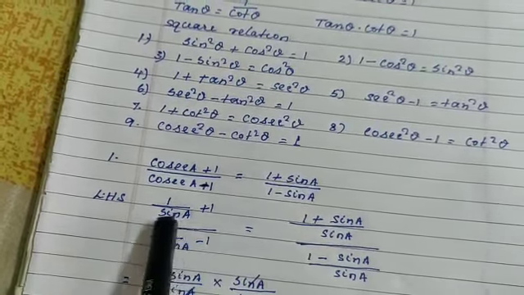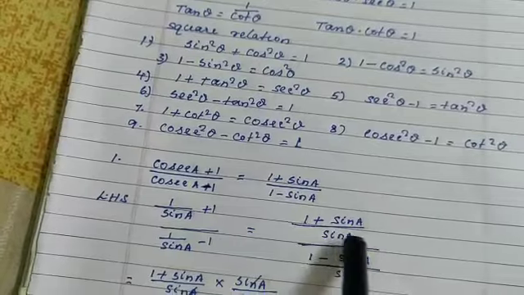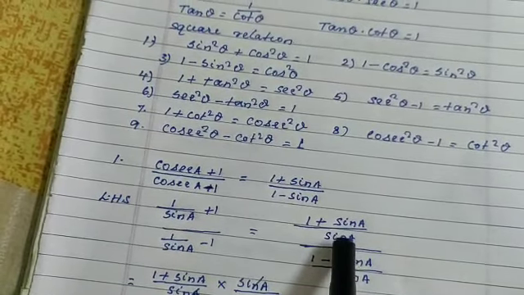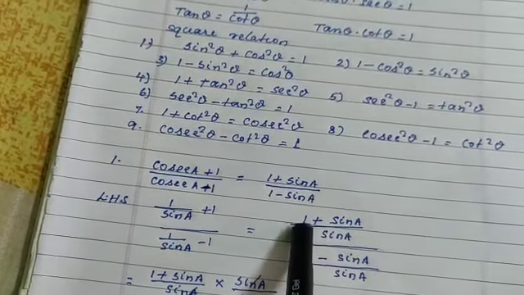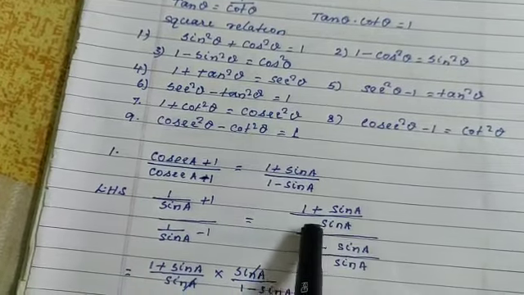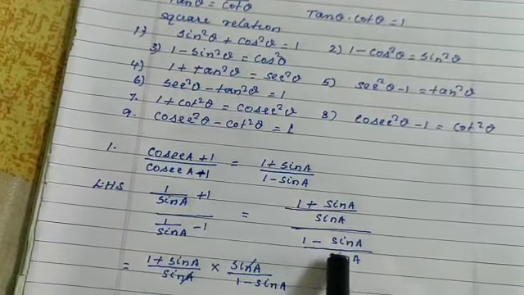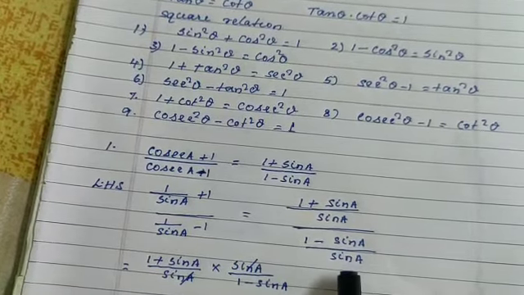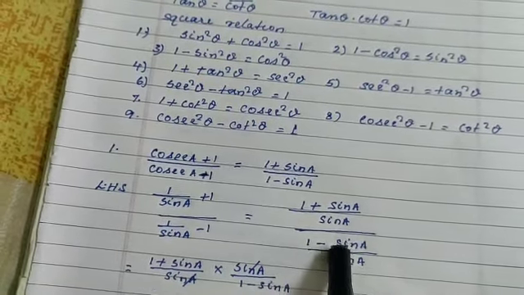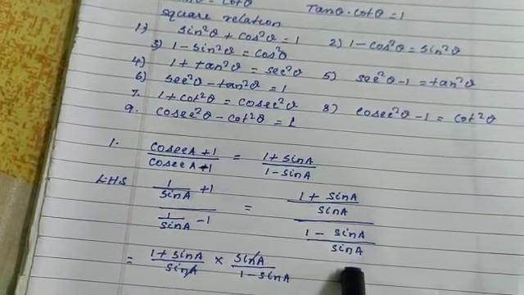Now we take the LCM sin A. After taking the LCM, we get 1 plus sin A by sin A, and for the denominator also we take the LCM, so 1 minus sin A by sin A.